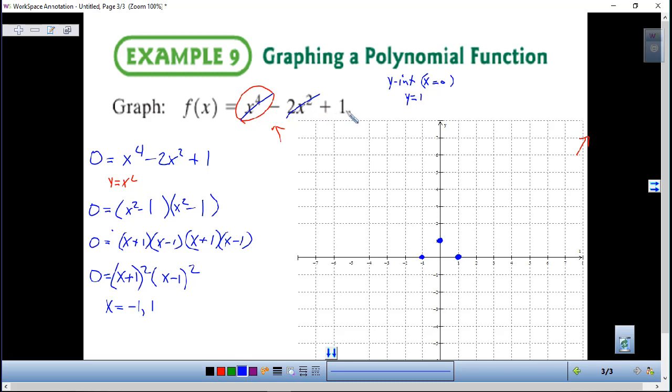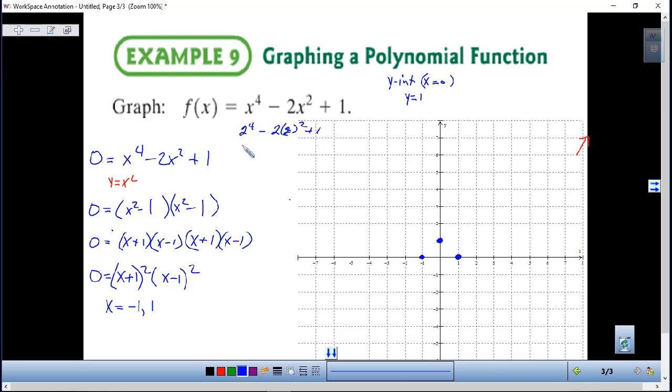Now, this is an even function, in case you didn't notice this. All the powers of the polynomial are even. Remember, a constant coefficient's counted as even. So we've got symmetry here that we can take advantage of. So if I were to put in a 2 here, I'm going to have 2 to the 4th minus 2 times 2 squared plus 1.